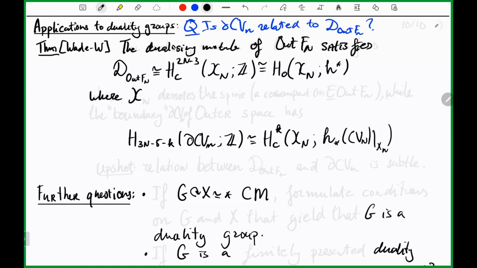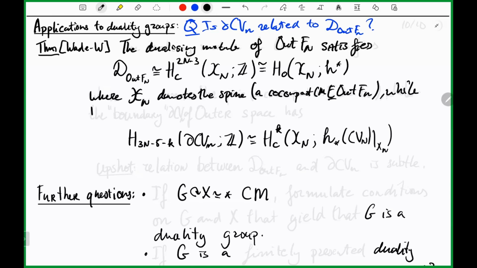So here I denote by X_n the so-called spine. So this is a co-compact Cohen-Macaulay underbar-G for Out(F_n).